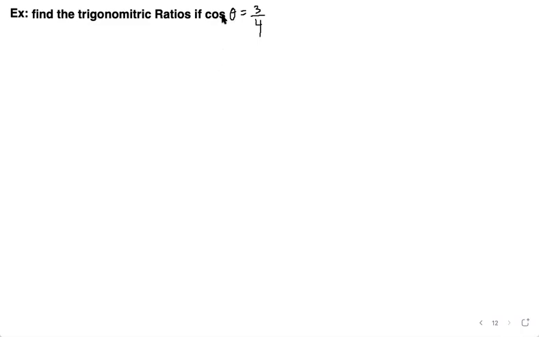So we have to graph an angle like this. Here's my angle theta. This is a right angle, must be 90 degrees.